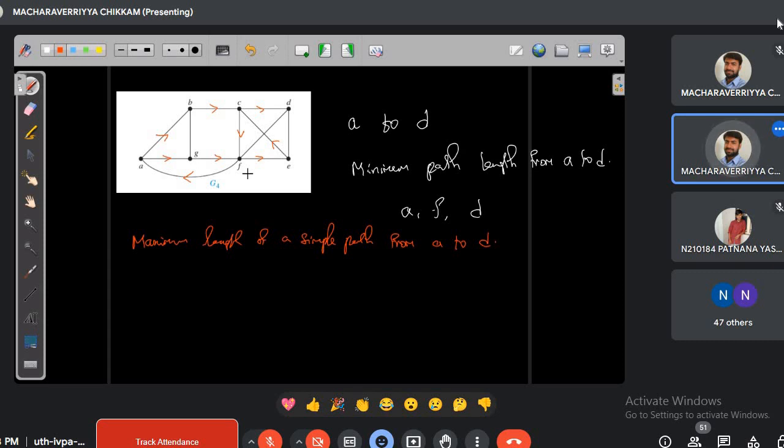So I found 9. So can anybody come up with 10? A simple path of length 10 from A to D. I didn't make use of FD, ED, and BG. These are the 3 edges I didn't use.